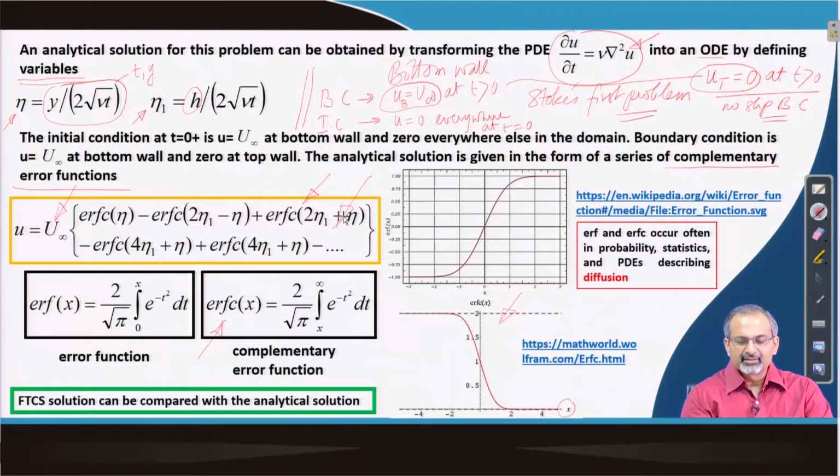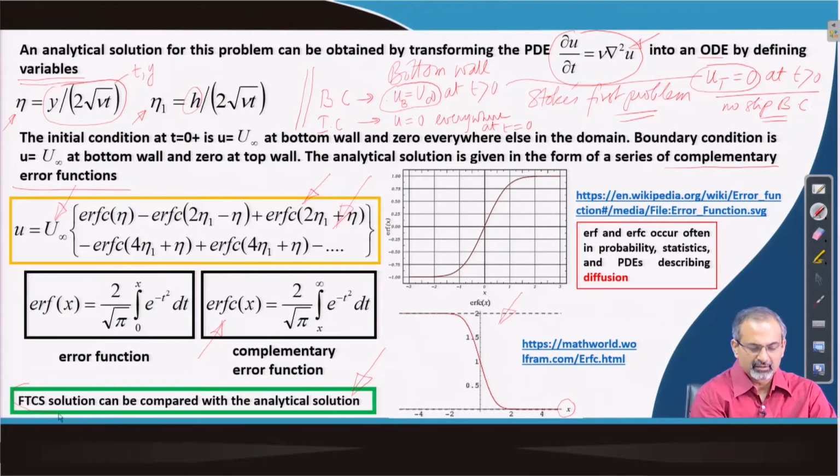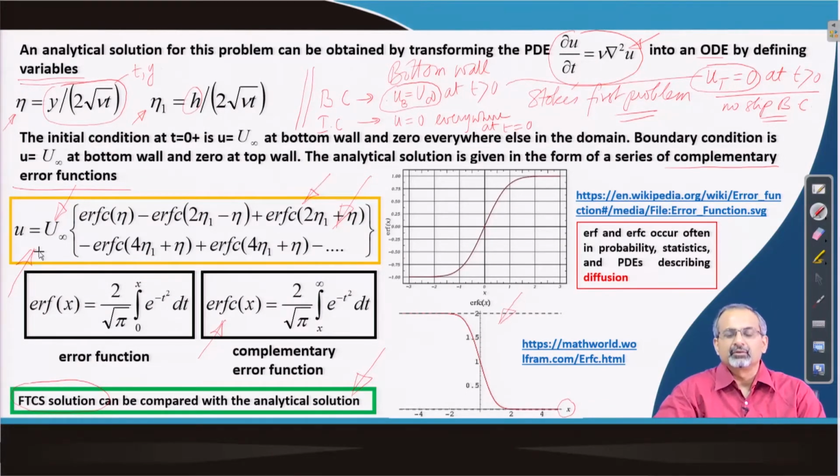And once we have this analytical solution, we should be in a position to compare the numerical solution that we generated through the first scheme that we learned for discretizing parabolic partial differential equations, that is the FTCS solution that we discussed at length in the previous lecture. The solution can now be compared with the analytical solution that we have over here, and that would quantify the numerical error that we are committing.